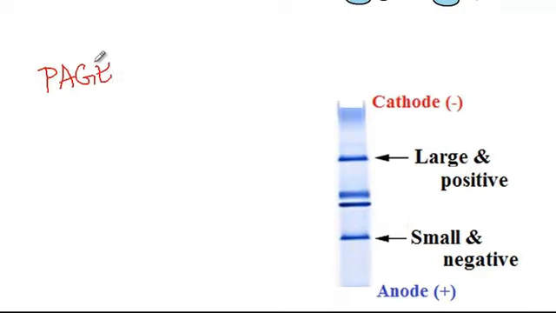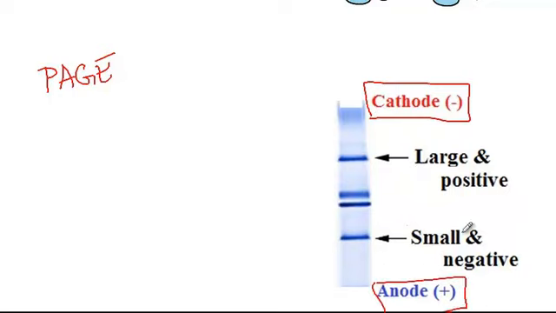The next concept is polyacrylamide gel electrophoresis. Basically this polyacrylamide gel has a matrix of small pores. Once we run proteins through there, with a negatively charged cathode on one side and a positively charged anode on the other side, those proteins that are negatively charged have a stronger affinity to move down the gel, versus the positively charged ones, which have a stronger affinity to stay up close to the cathode pole.